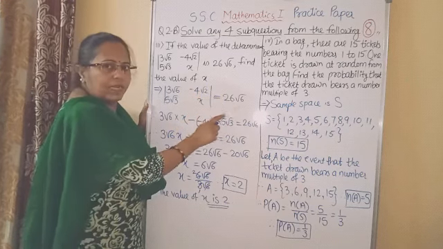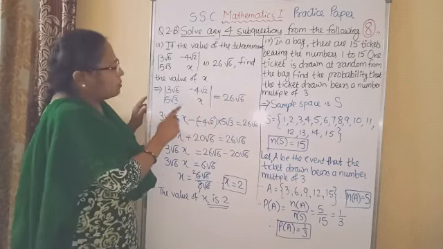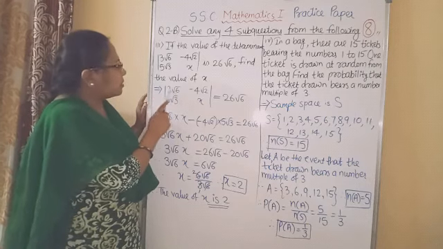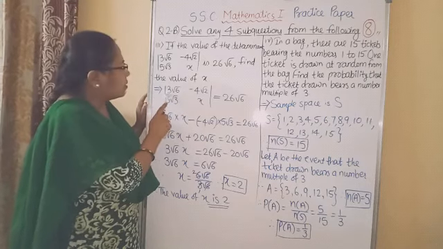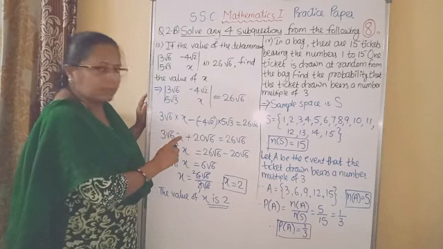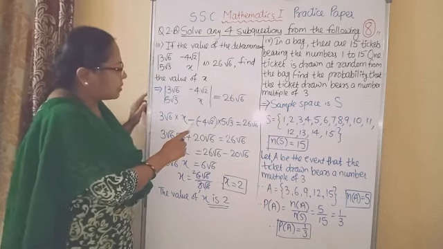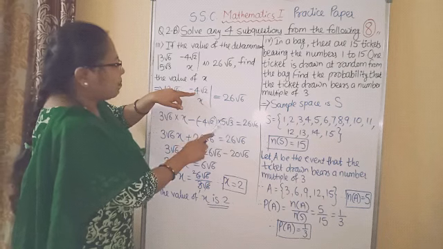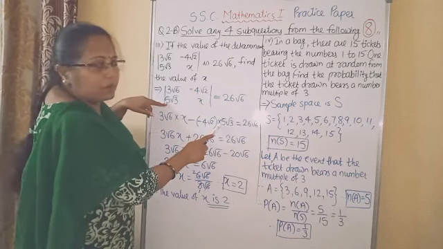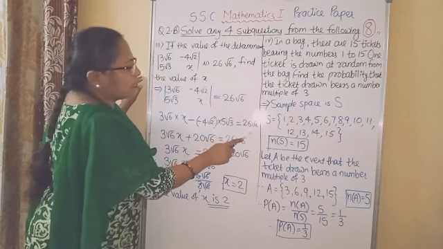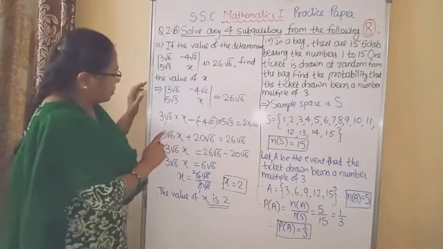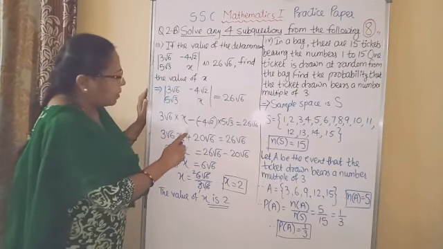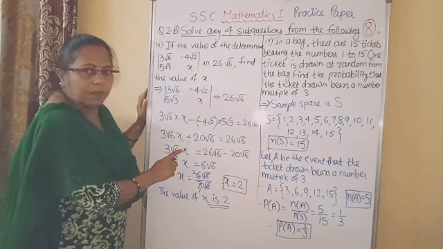As we know the method to find the value of a determinant, first cross multiplication: 3 root 6 multiplied by x minus, then minus 4 root 2 in brackets multiplied by 5 root 3 equal to 26 root 6. Here, the multiplication is 3 root 6x, minus into minus is plus.